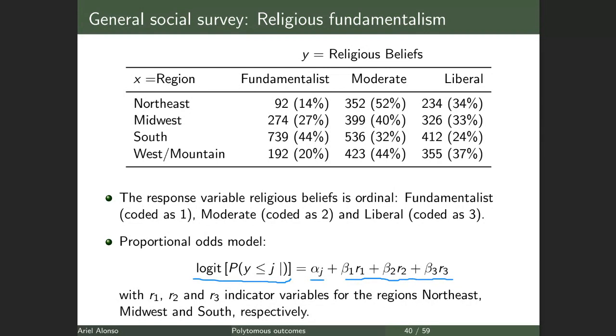This is in the United States. So we want to see if people in Northwest are more fundamentalist than people in the West Mountains, or if people in Midwest are more fundamentalist or moderate than people in the South. So R1, R2, and R3 are indicator variables for the regions Northwest, Midwest, and South, respectively. West Mountain is the reference category for the covariate here. And this is my proportional odds model.